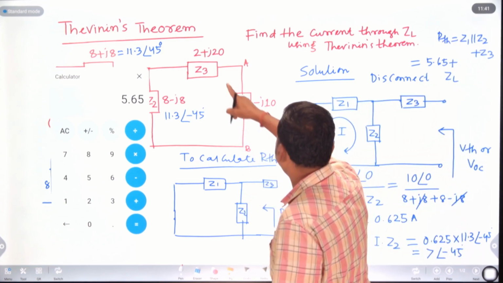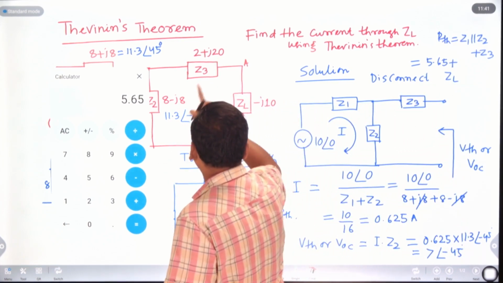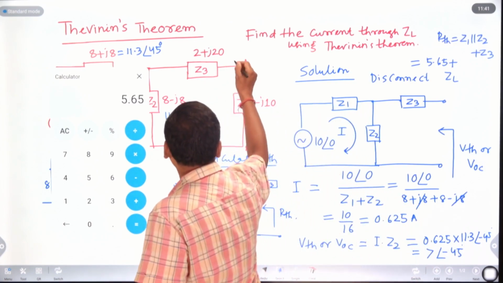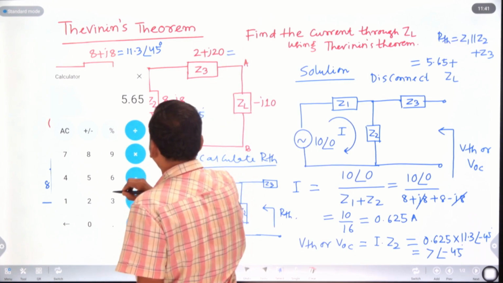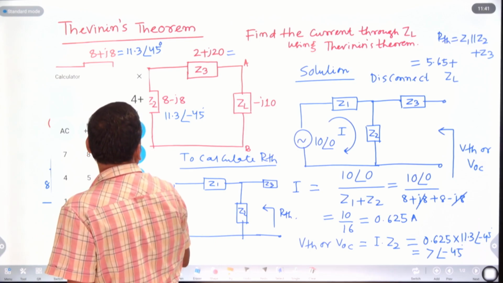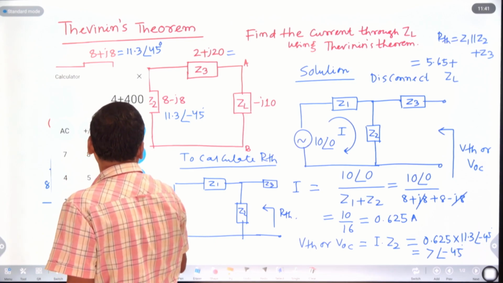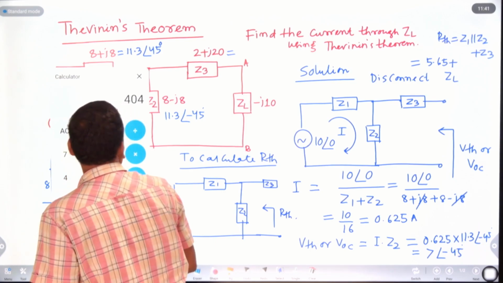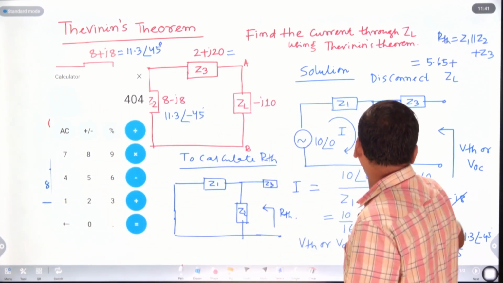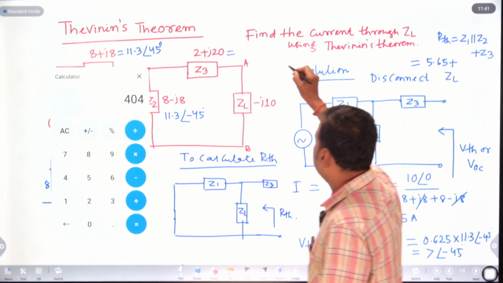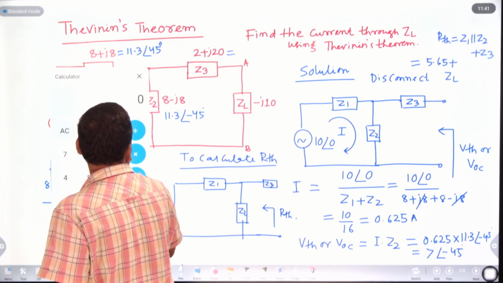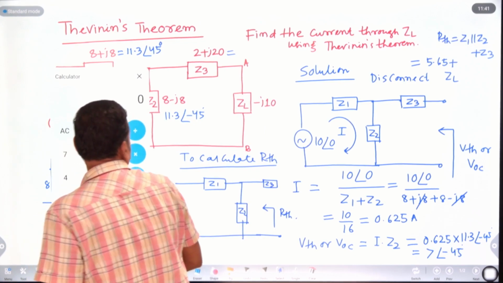Z3 value is how much? 2 plus j20. If we convert 2 plus j20 into polar form, the value will be how much? That is 4 plus 400, so root over 404, which is 20 point something, and tan inverse 20 by 2, which is tan inverse 10.